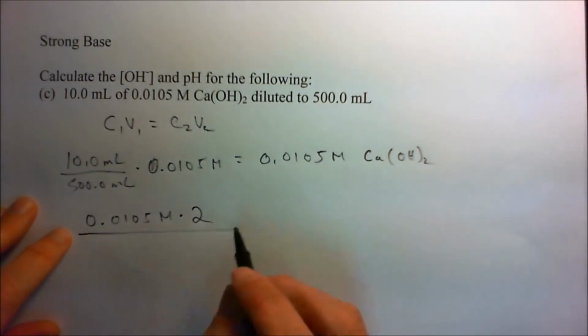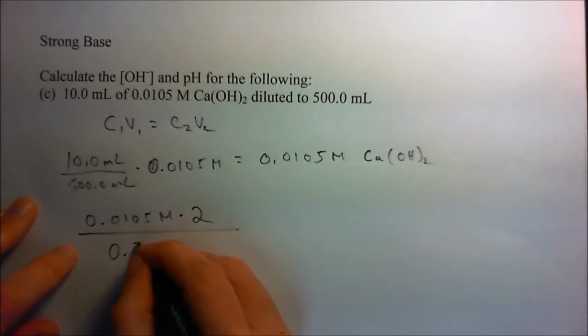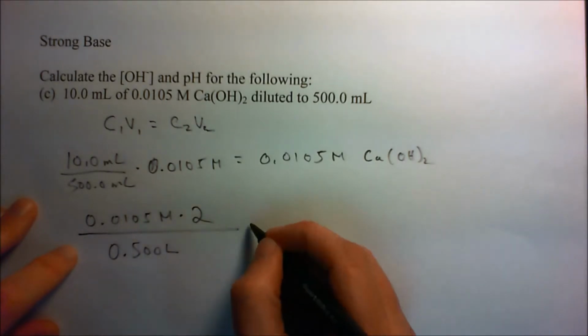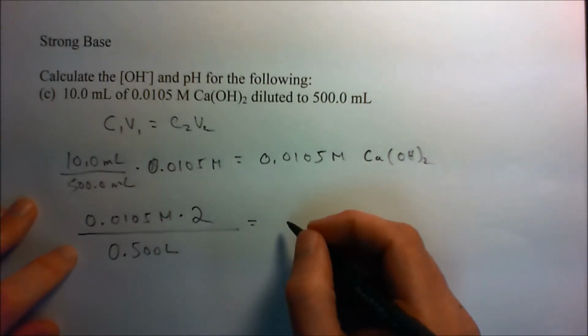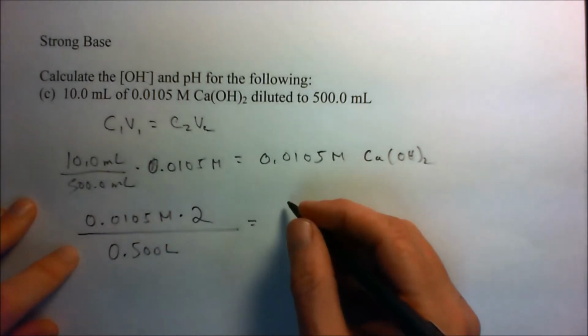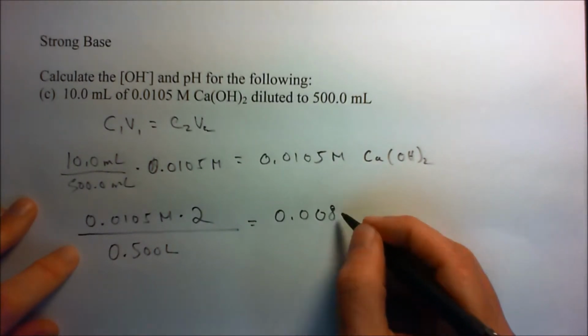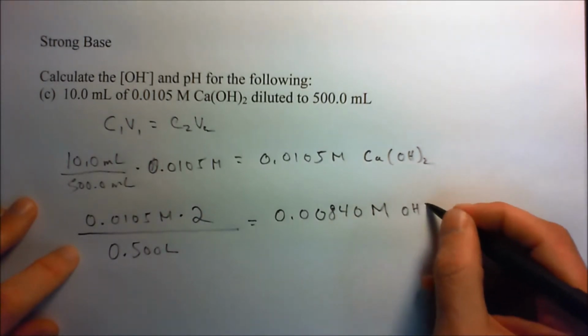That will give us the moles of OH minus, and we're going to divide by the final volume, which was 0.500 liters. This will give us our molarity of hydroxide in this strong base solution that's just been diluted, and that gives me 0.0084 molarity in OH minus.